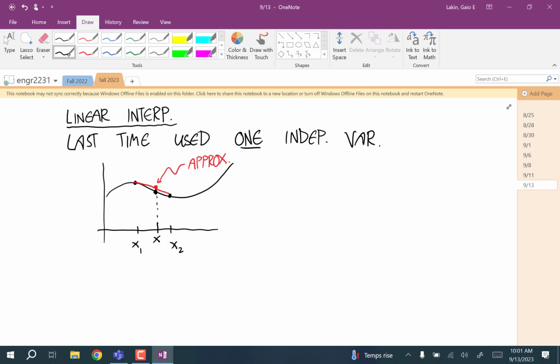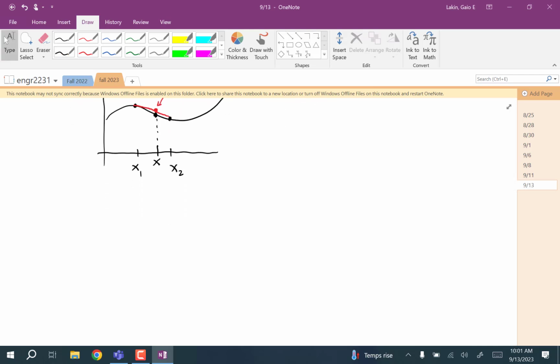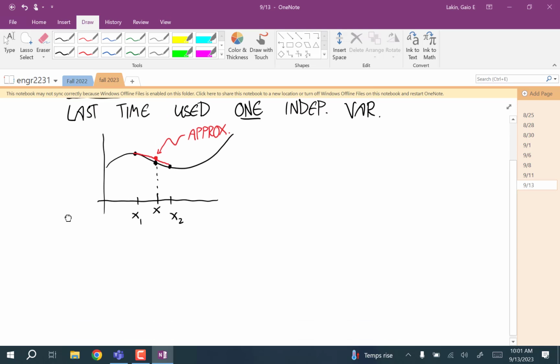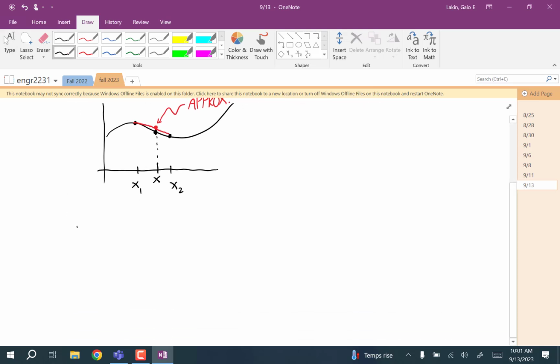So now we're going to two independent variables. So linear interpolation for two independent variables.